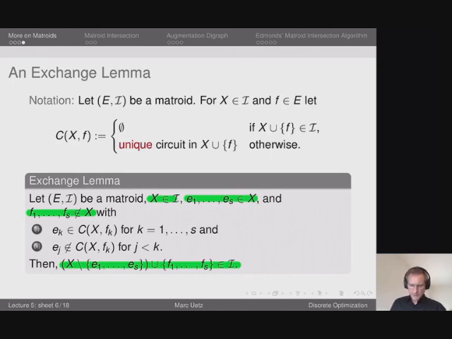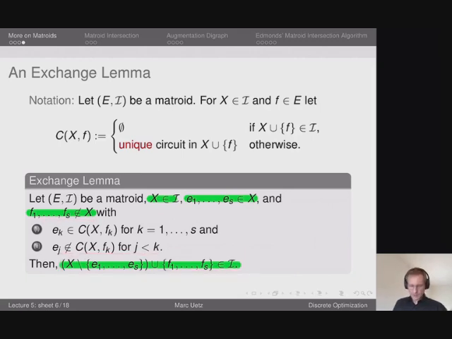Okay, so this is how the exchange lemma looks like. It's quite a mouthful, but it's not really that complicated. So what I do is I'm currently sitting with an independent set X, and essentially I want to exchange a couple of elements, E1 up to Es, which are currently sitting in X, by other elements F1 up to Fs, so the same number of elements which are not yet sitting in X, in such a way that the result is still an independent set.